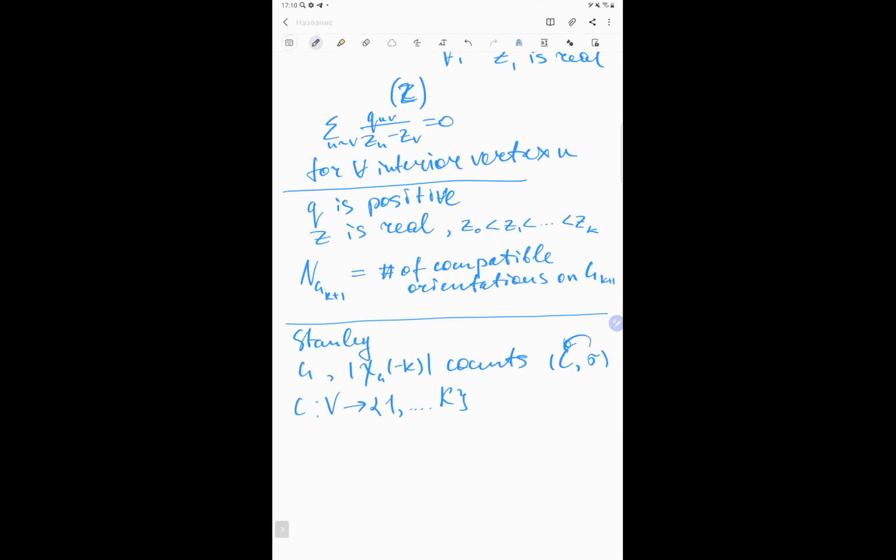And we say that orientation is compatible with this coloring if we can't go from a vertex with color N to the vertex with color N plus 2. We can only go downstairs. Okay?